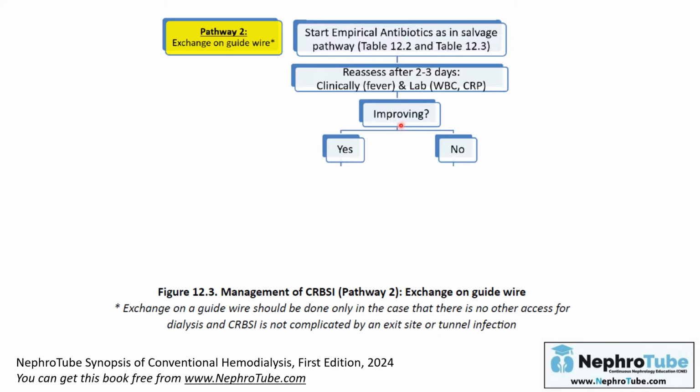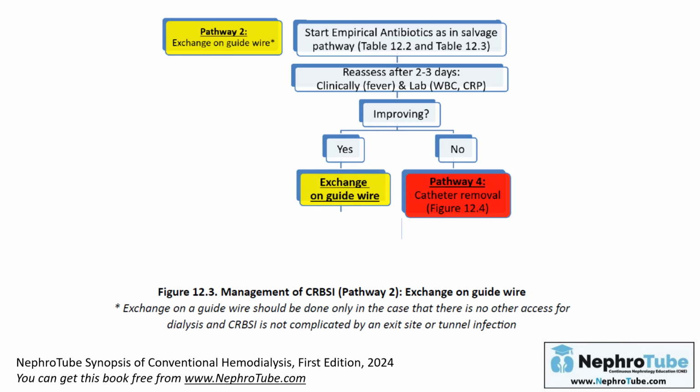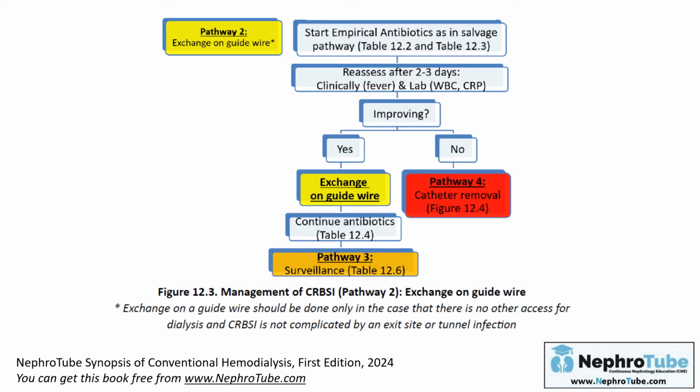You will start, as you started in patients with the salvage pathway, antibiotics, and you may also use antibiotic lock. Reassess after 2 to 3 days by clinical and lab measures and see if the patient is improving or not. If not, remove the catheter. If yes, you can now exchange the catheter on guide wire. Then continue antibiotics until you get the culture results, and finally you will go to the surveillance pathway.